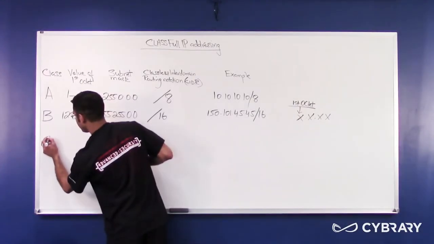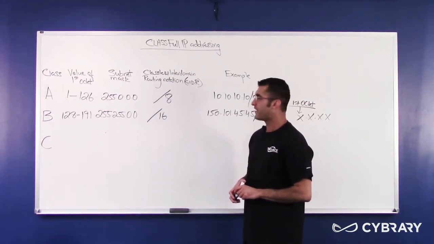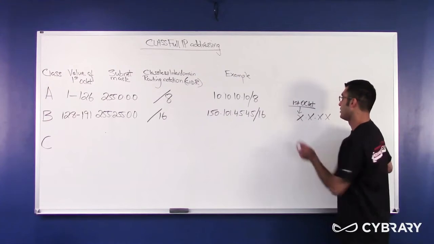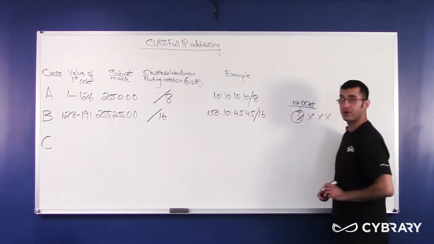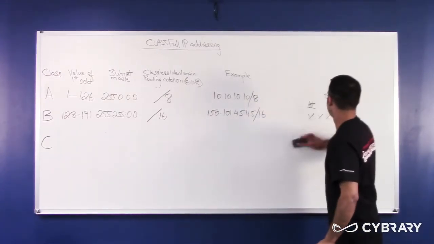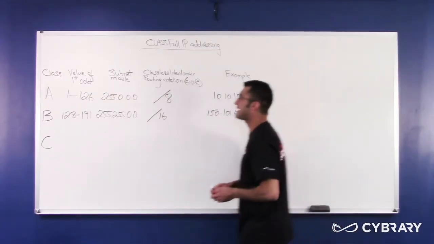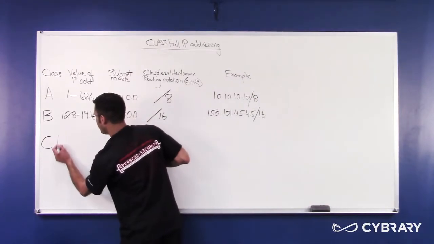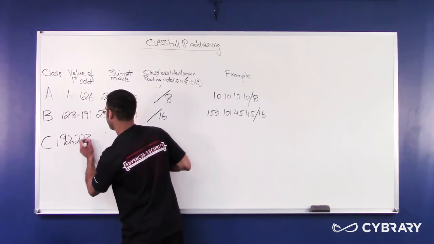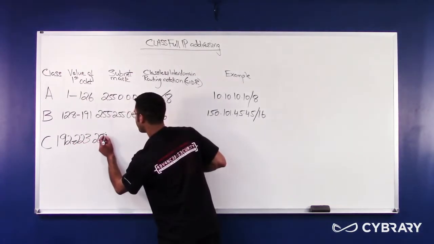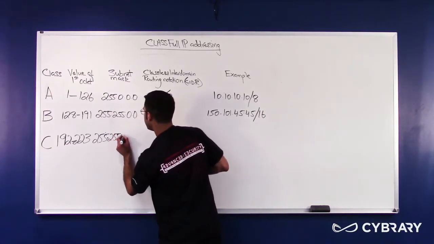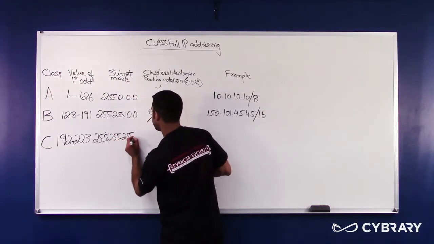Next, you have class C. For class C, the value of the first octet, again, keep in mind, this is just the value of the first number, the first field, or the first octet, has to be a number between 192 and 223. And the subnet mask is 255.255.255.0.